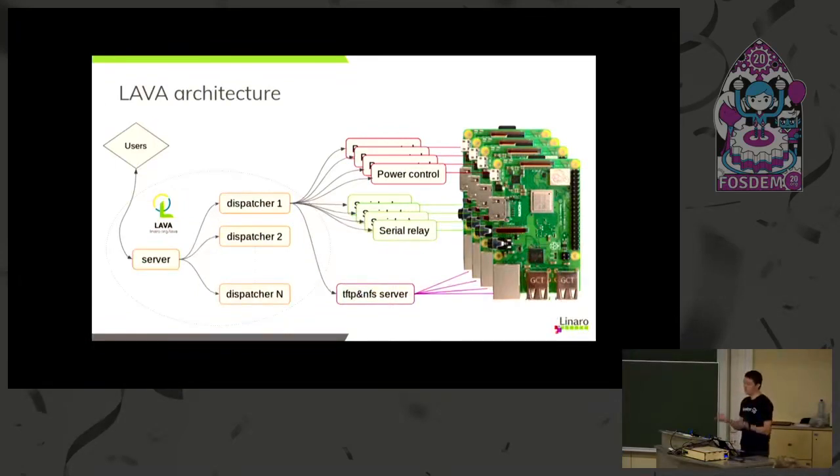You can have many boards per dispatcher, and you can have many dispatchers per instance. And every dispatcher will connect to one server, the main server. The server plus dispatchers plus the boards will be your Lava instance, your Lava lab. And as a user, you will only interact with the server by posting using HTTP. You will post job definitions, and you will get results. That's fairly simple as a user.